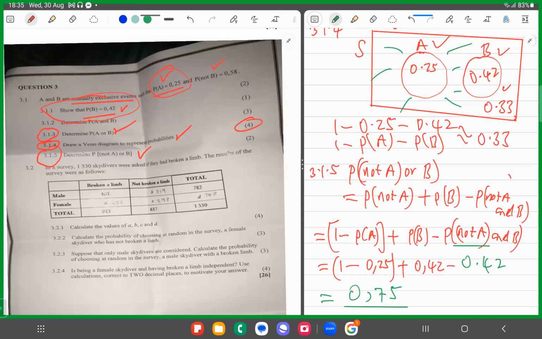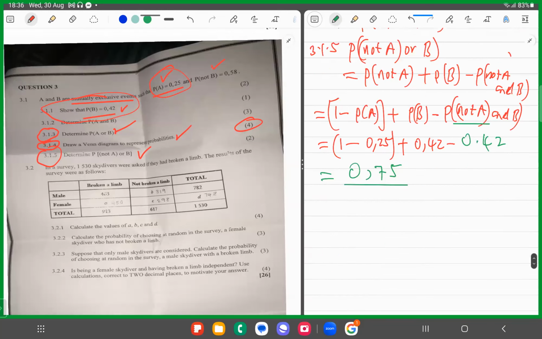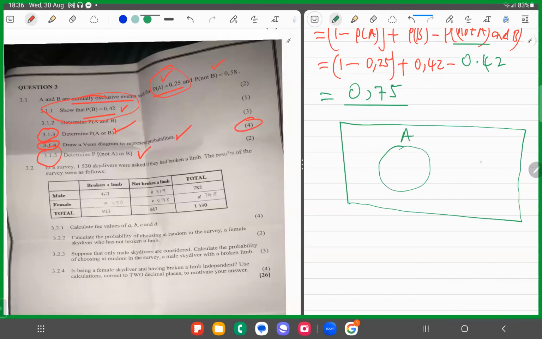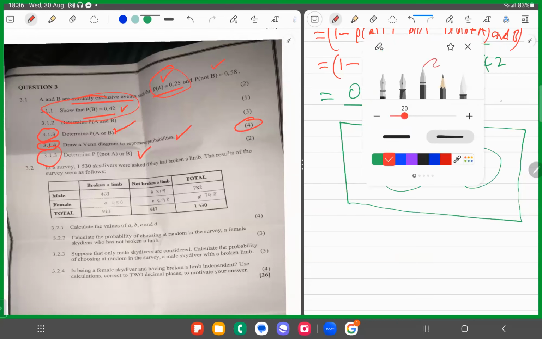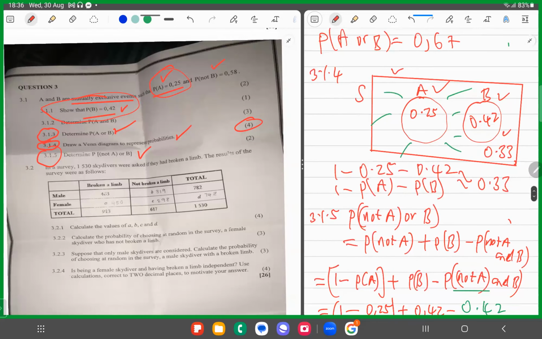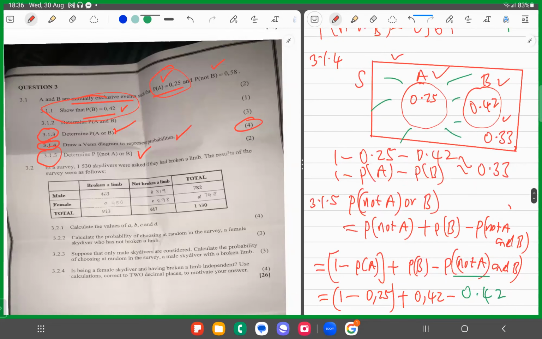So there are a couple of ways to do this. It can be done directly with ease from the Venn diagram. If you look at the Venn diagram like this, put here the probability of A, put here the probability of B. I'm just repeating the Venn diagram. We know it already. So you have the sample space.